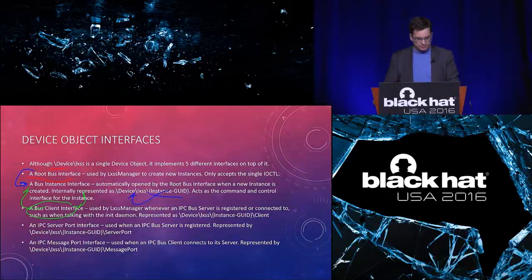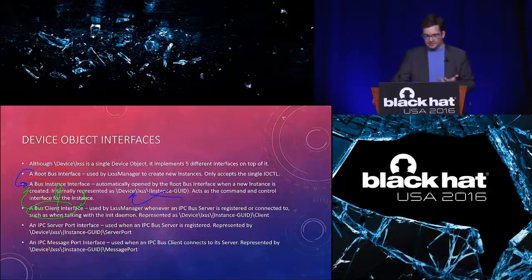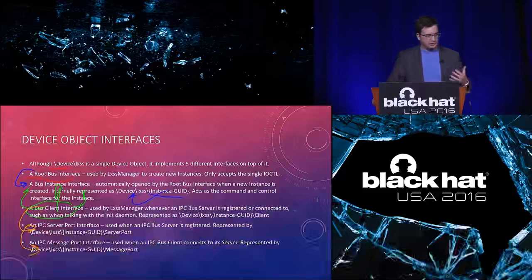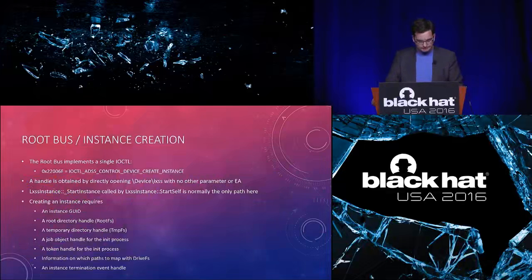The instance can have multiple clients talking to it, and these clients can set up IPC among themselves. As the clients set up IPC, they're creating IPC server ports and IPC message ports. The model is very similar to ALPC, if you're familiar with that, or RPC in user mode. It's all custom and internal, but it's how instances can talk to Win32, and we'll see how the subsystem uses that internally.